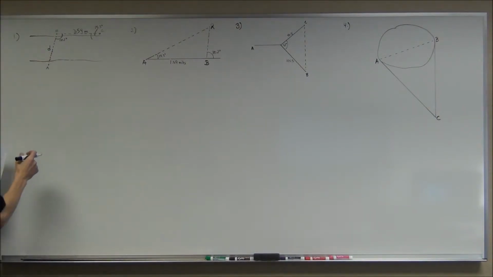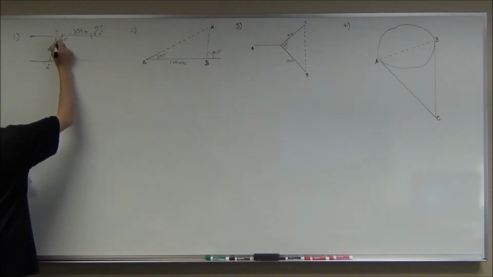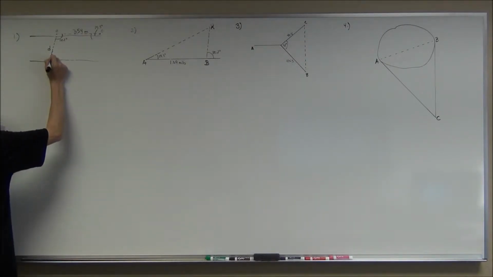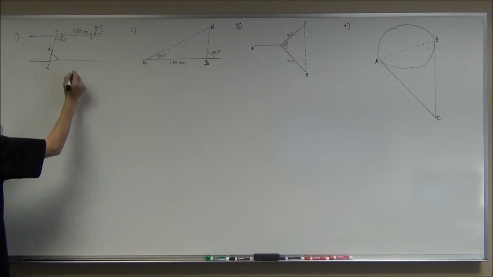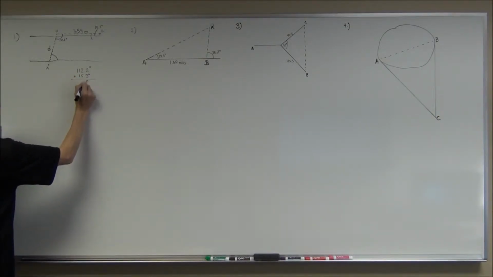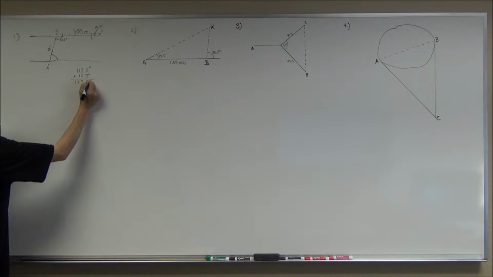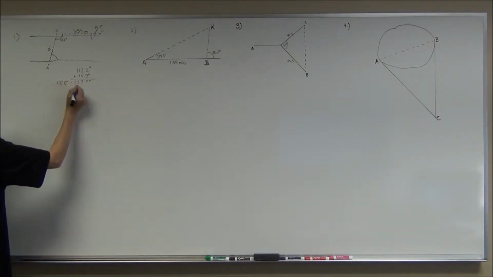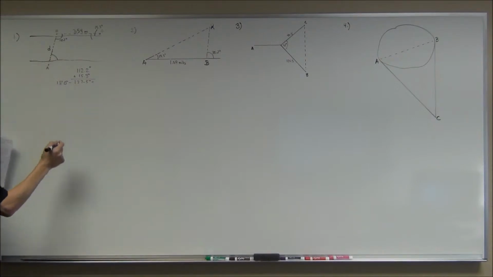Well, once you have two angles, you have all three. So hopefully you've tried this problem in advance, and the first step you did was to find this third angle right here. So I'm going to add 112.2 degrees and 15.3 degrees, and I'm going to get 127.5 degrees, and then I'm going to take 180 degrees and subtract that to find the missing angle there.